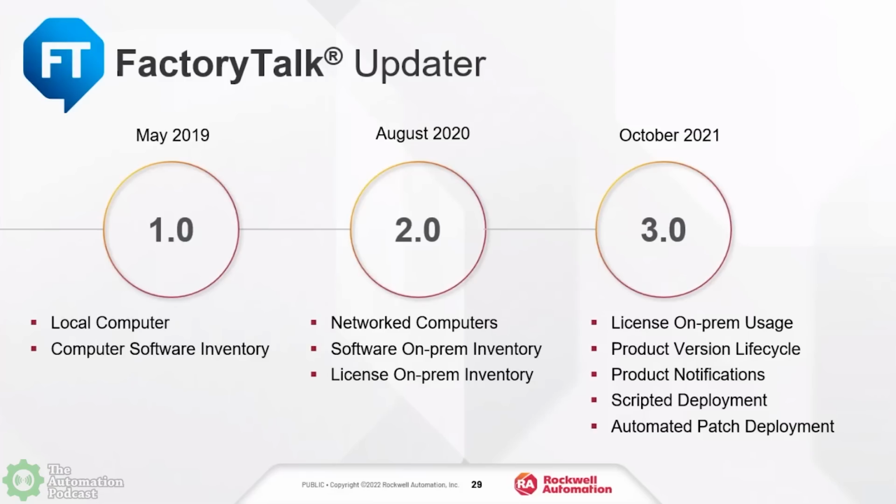So this is making updating and making sure your whole system is up to date as seamless as possible. Now, obviously, how often you choose to update is up to you and your company policy. Don't feel like you have to get every single patch, but this will at least help you be aware of what the latest and greatest is, and you can make that educated choice if you want to do it manually as well, just by going through the PCDC through FactoryTalk Updater.